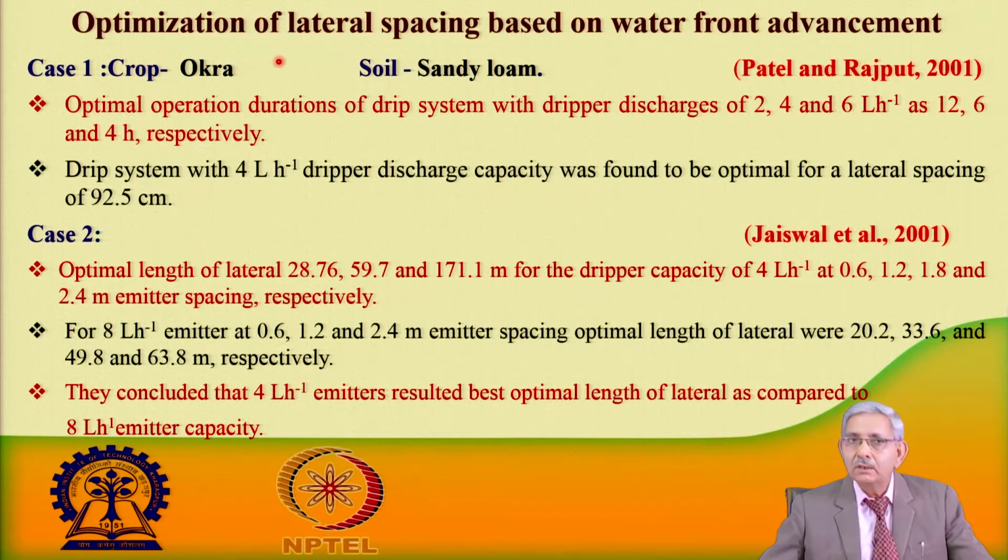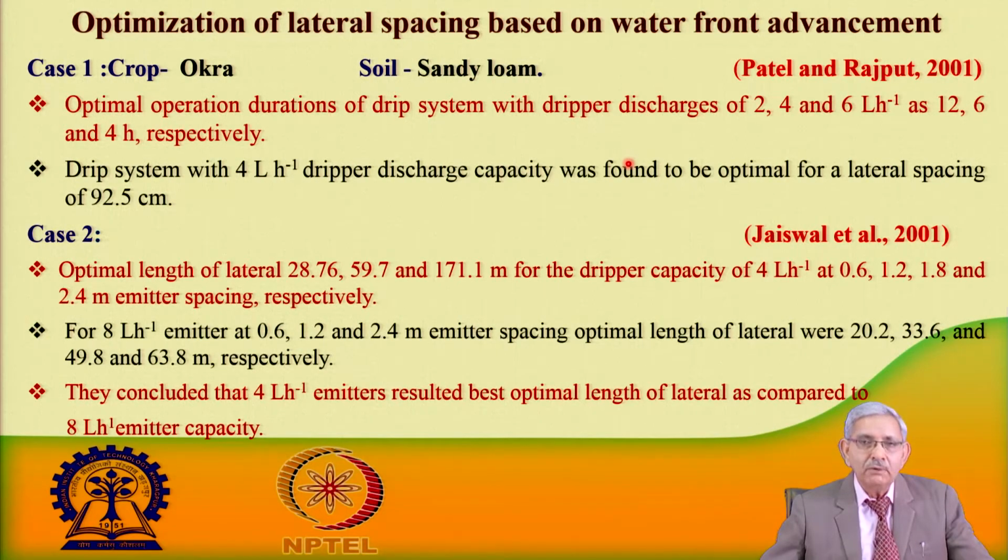The study was carried out at the Indian Agricultural Research Institute, New Delhi, by Dr. Neelam Patel and Dr. T.B.S. Rajput in the year 2001. They used drippers of 2, 4 and 6 liter per hour capacity, and operated the drippers for 12 hours, 6 hours and 4 hours respectively.